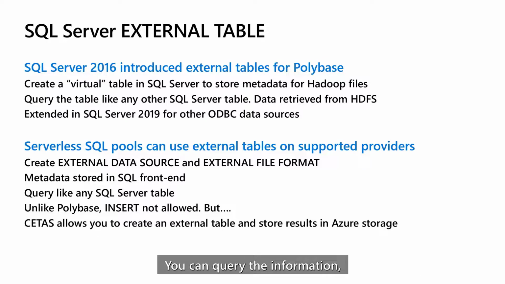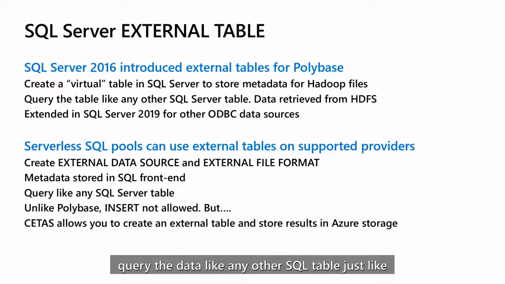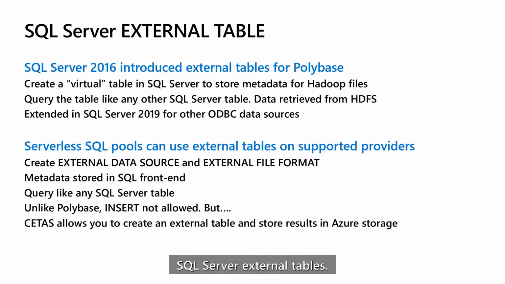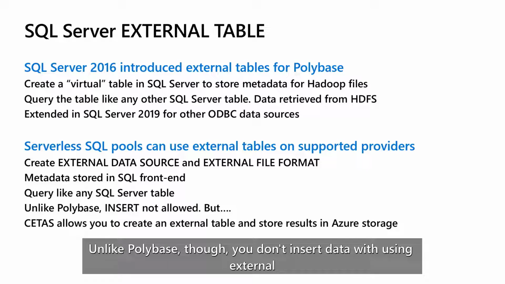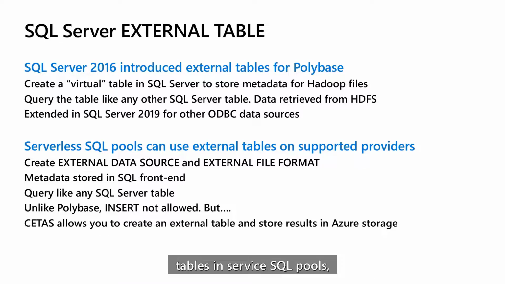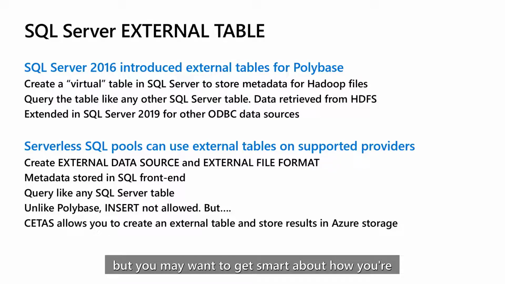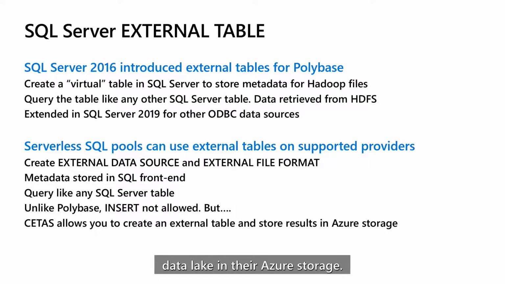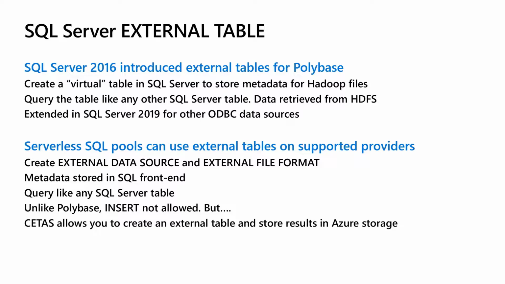You can query the data like any other SQL table, just like SQL Server external tables. Unlike PolyBase, though, you don't insert data using external tables in serverless SQL pools. But you may want to get smart about how you're caching data, so you can use a concept called CETAS, or CREATE EXTERNAL TABLE AS SELECT, where we'll actually take the results of the query you're running from the external table and store them back into the data lake in Azure storage.